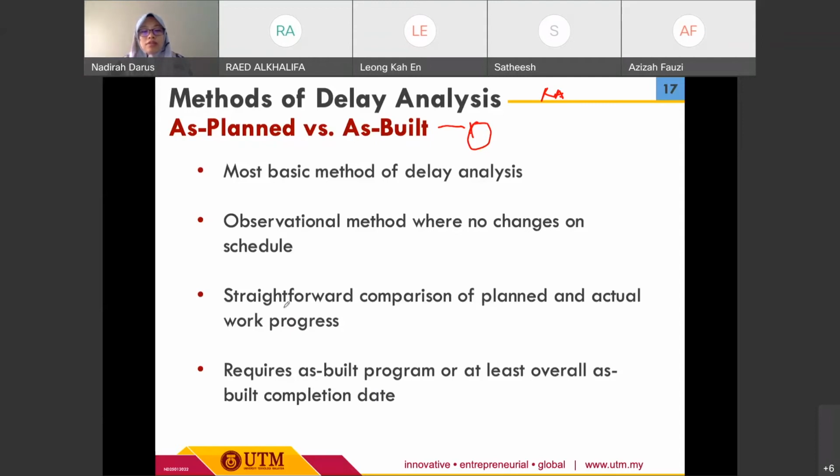It is a straightforward comparison of plan and actual work progress. For this method, it requires an as-built program or at least the overall as-built completion date. This is the main document required for this type of method.